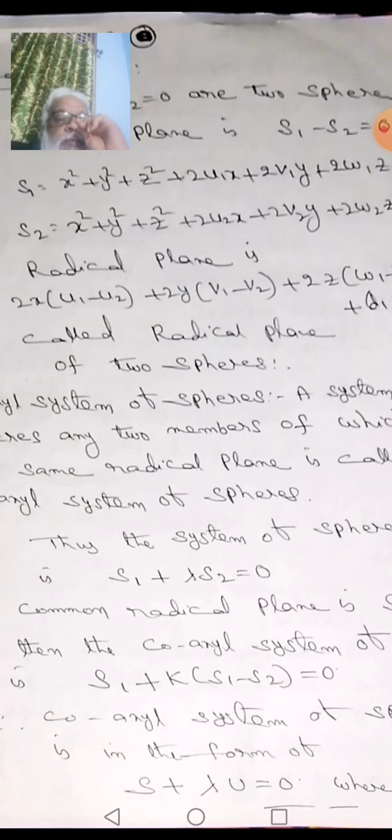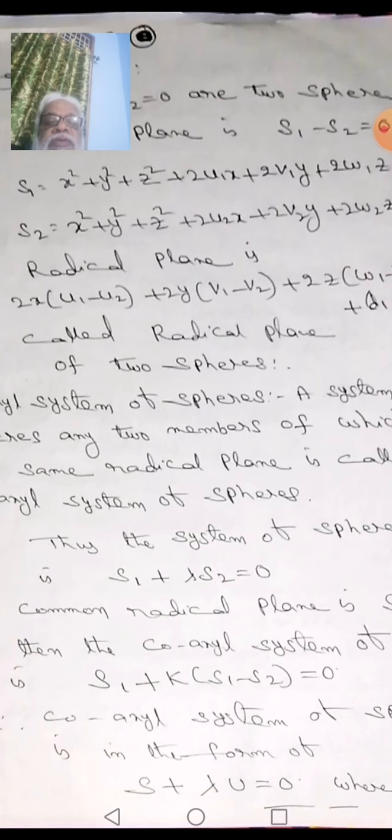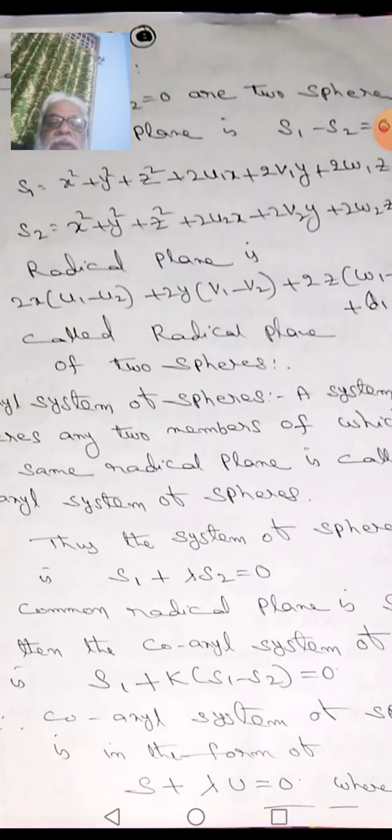Here, when two sphere equations are given, we cannot find the value of lambda directly. That's why we first find the common radical plane, that is S1 plus k(S1 minus S2) = 0. S1 minus S2 is a plane equation.